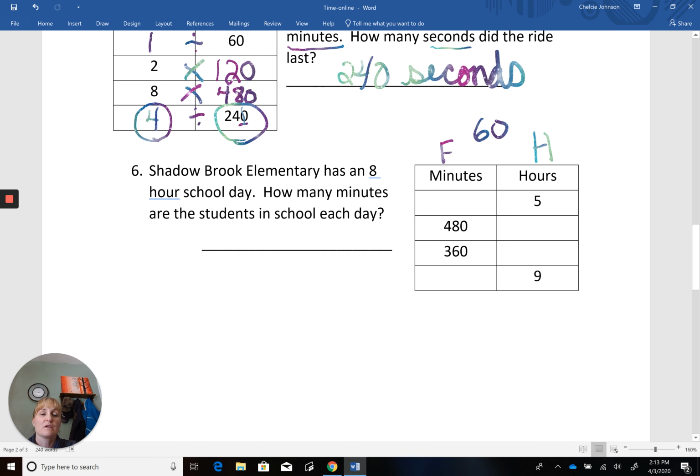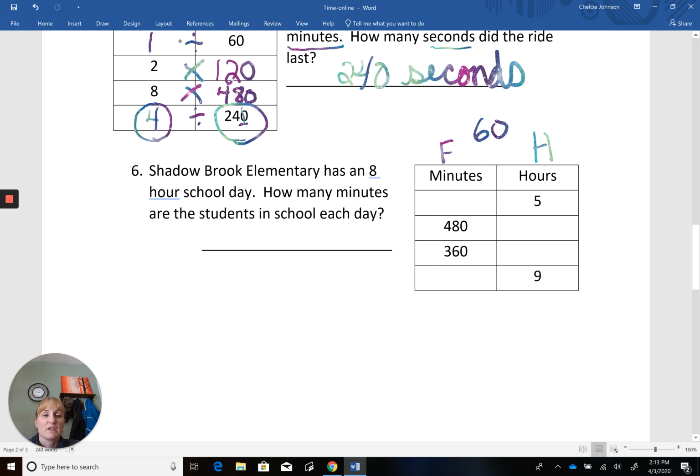Okay, think about what signs would go in between these real quick. And if you want to get started on following that and filling in the chart, that's fine. Okay, so I'm going to go ahead and get going, but if you're not done, please pause it, work the problem out, and then come back and check it with me.